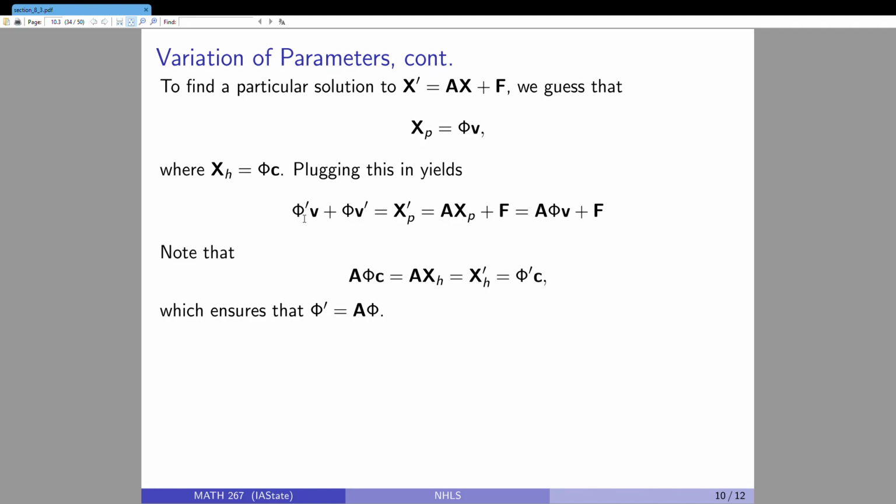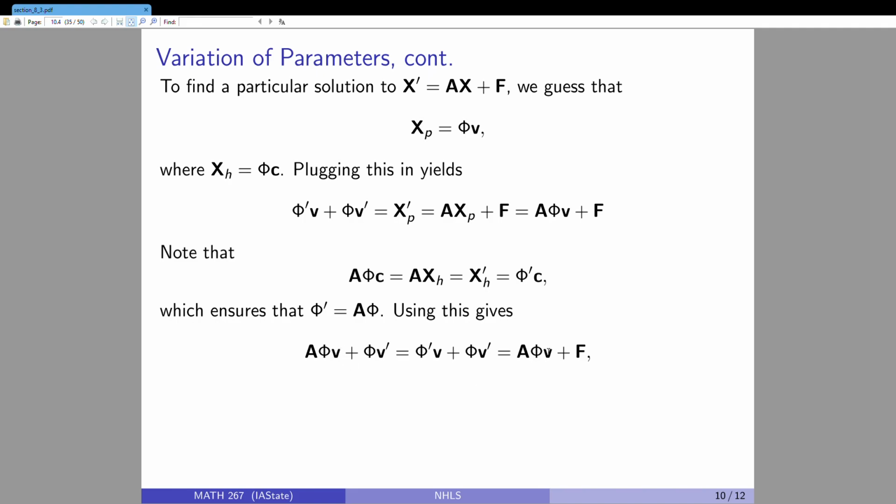So that C there is an arbitrary constant, so the only way that's going to work is if A phi and phi prime line up. So if I take that and plug that into my equation up here, that gets rid of this phi prime for me, and conveniently gives me the exact same thing on both sides of the equation. Isn't that beautiful?